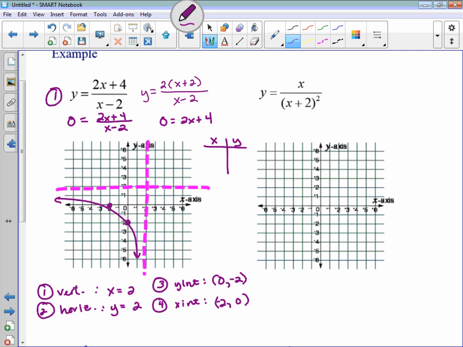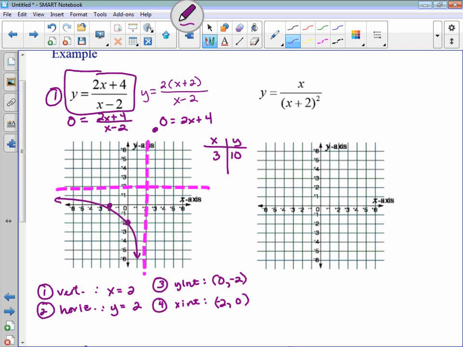3. Okay, so just plug in a 3. You are plugging it into this. So your numerator, what's 2 times 3? 6 plus 4, 10, over 3 minus 2. 10 over 1, which is just 10. All right, (3, 10), that's way up here somewhere.